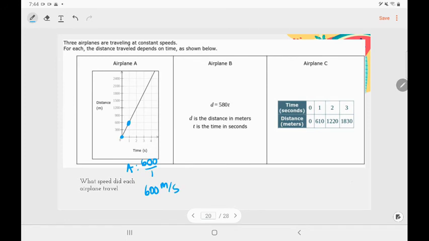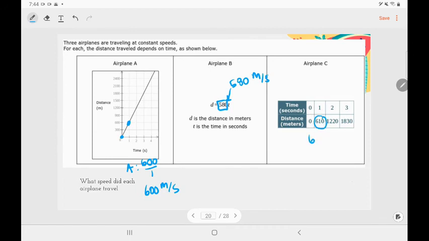Airplane B, how do I find his rate? Remember that any rate in an equation can be found next to my variable. So 580 is airplane B's rate, meters per second. And airplane C, okay, at 0 seconds, he traveled 0. And at 1 second, he's at 610.